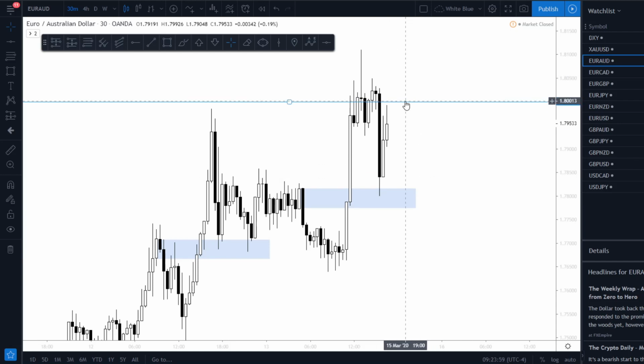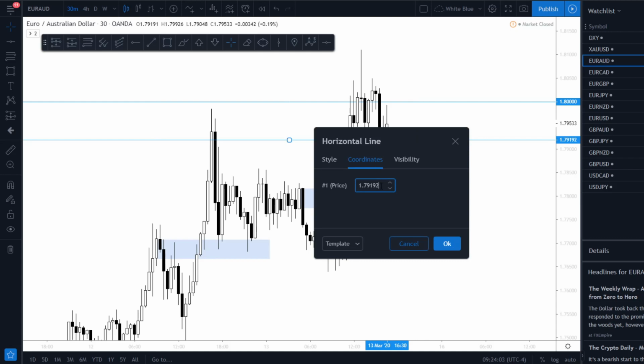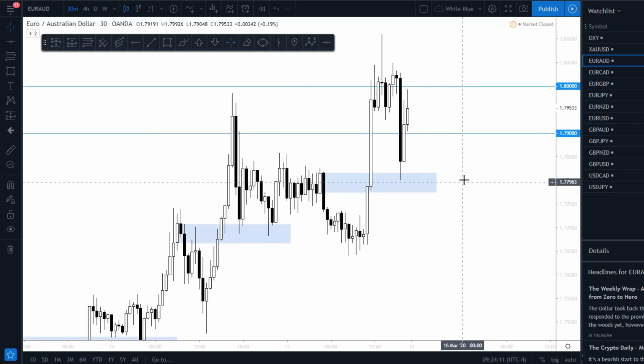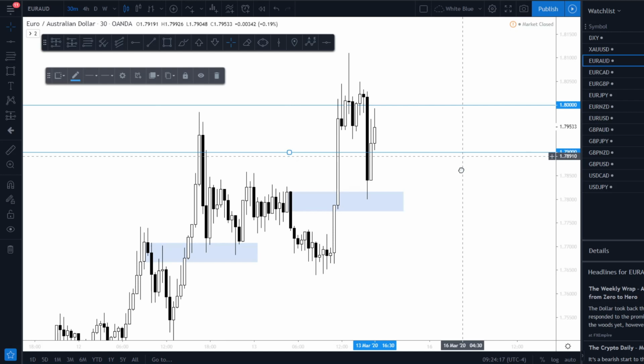So 1800. And then I'll be looking at 1900 as well. And basically you would do that all the way down and fill out your charts using this.